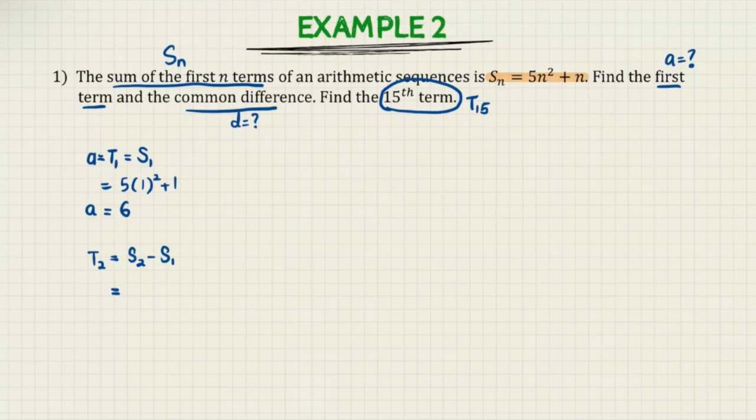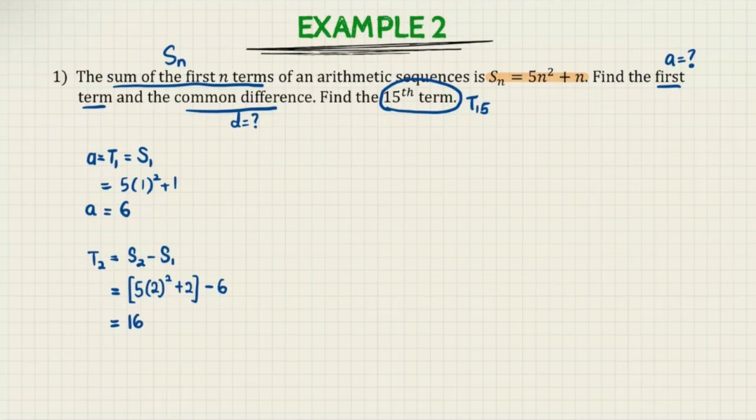So it will be 5 (2 squared) plus 2 minus dengan S1. S1 tadi kita dah kira, S1 kita adalah 6. Okay, so here masuk dalam kalkulator 5 darab 4, 20, 22, 22 tolak 6 adalah 16. So this is our second term.